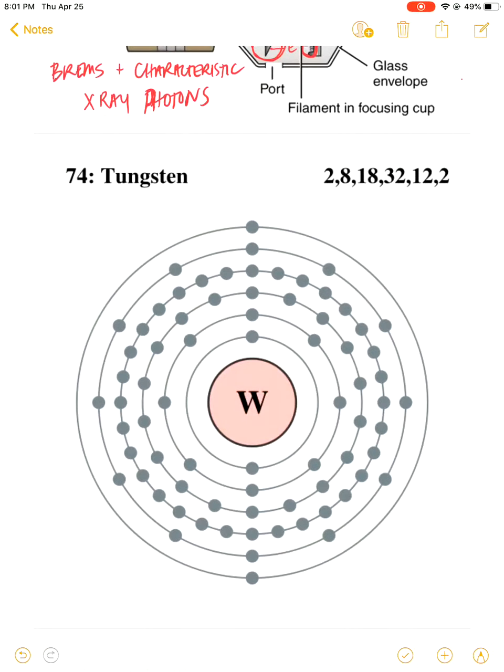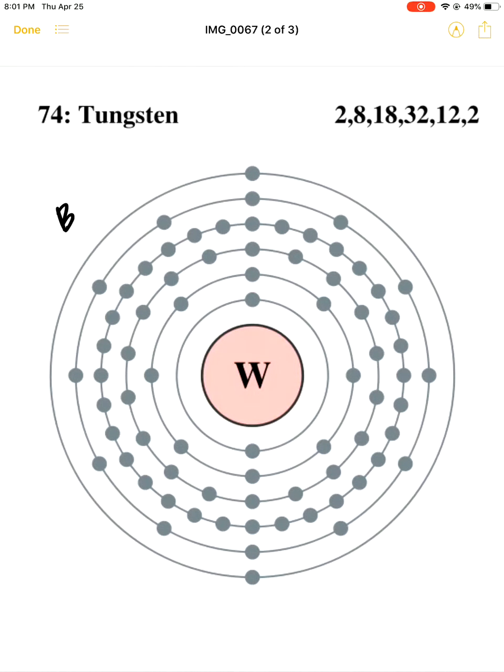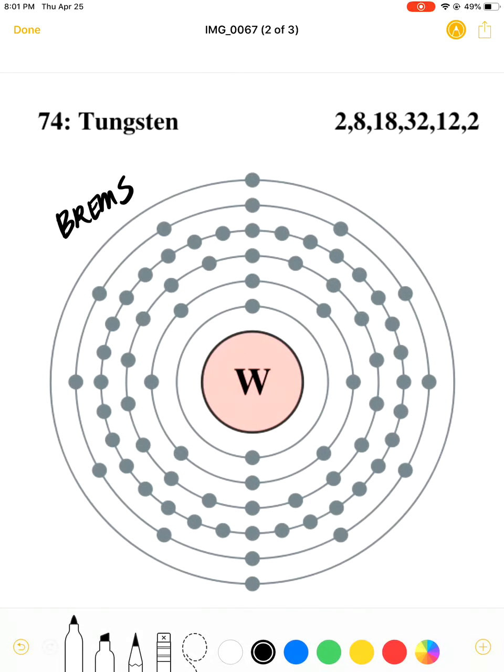So let's take a look at the Brems. If we look at the Brems of the atoms, we know that the incident electron is going to try to target the nucleus.